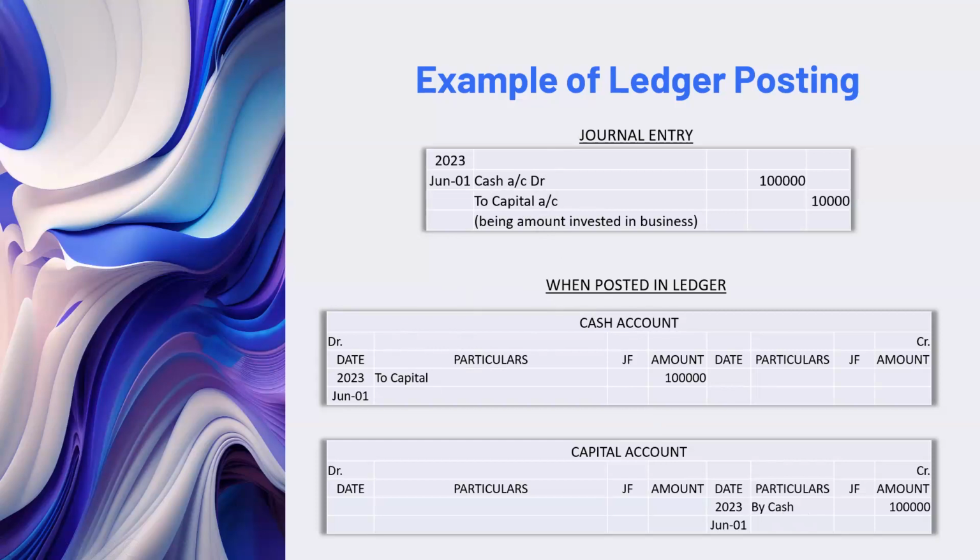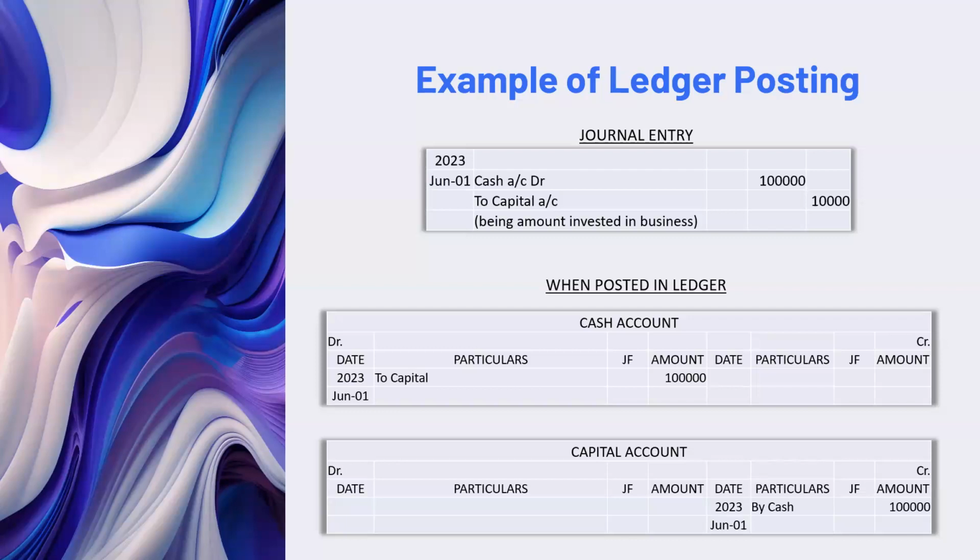When you start working on this, when you start posting from journal to ledger, then you will get to know more about it. Initially it may seem confusing, but it's very easy. Once you understand the basic concept, always remember two things. Always see every transaction from the business point of view.